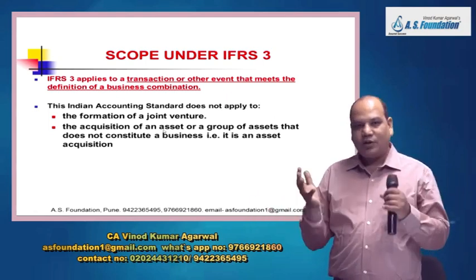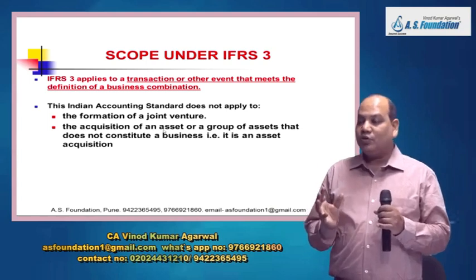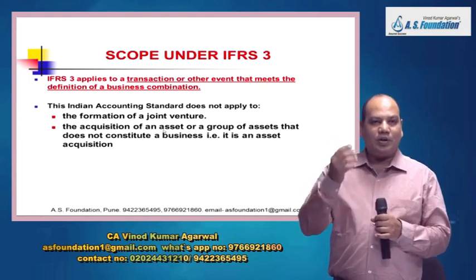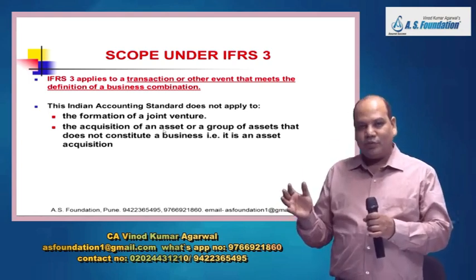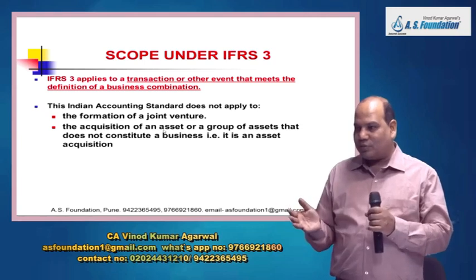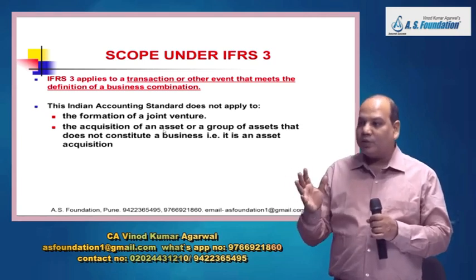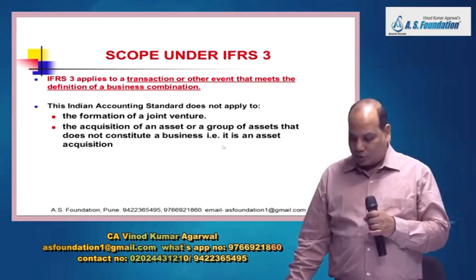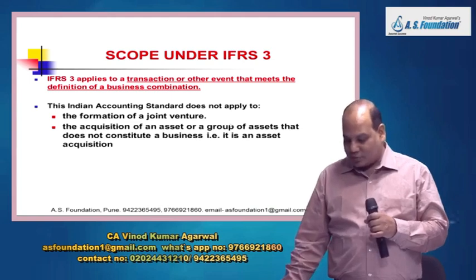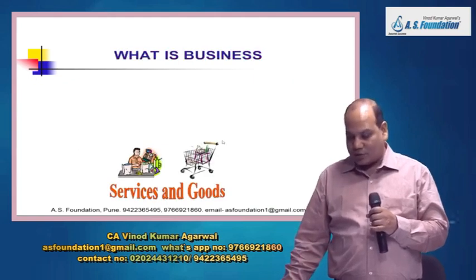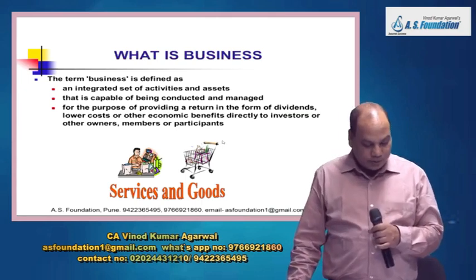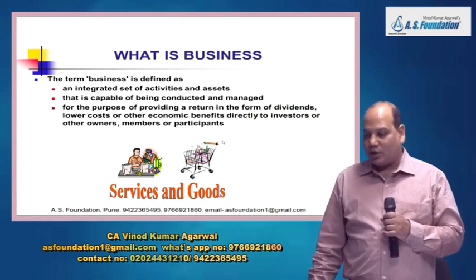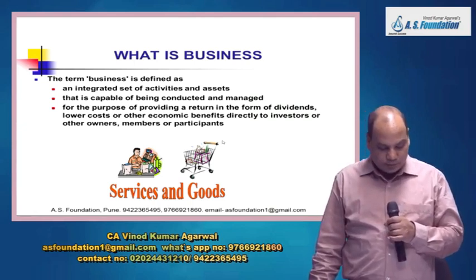If you buy 3-4 assets together, but this does not represent a business, for example a building with furniture, electrical equipment and land, you are acquiring a group of assets, not a business. Therefore this standard is not applicable, although there is some minimum guideline on how to do the accounting, but mostly you will apply IAS 16 when you acquire a group of assets.